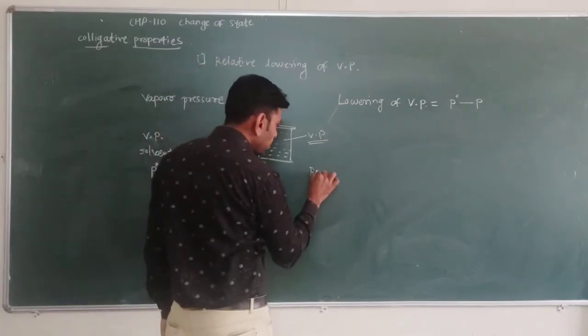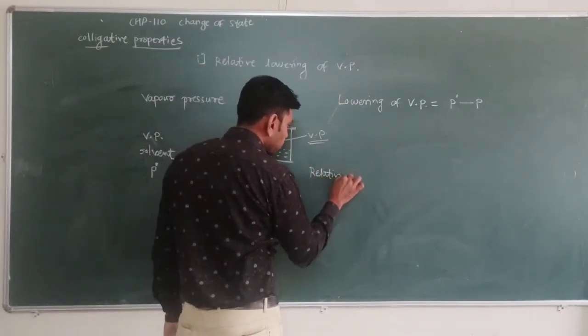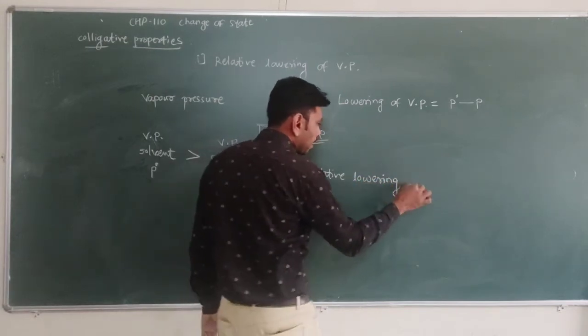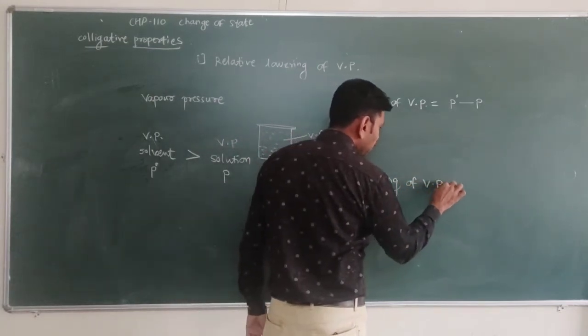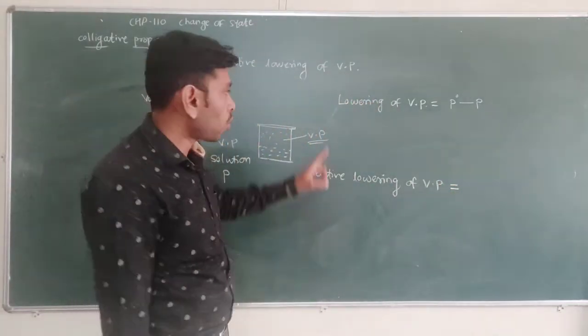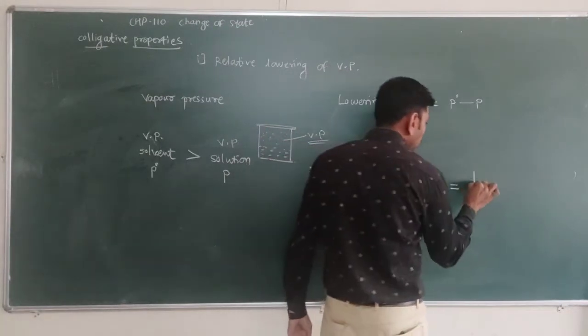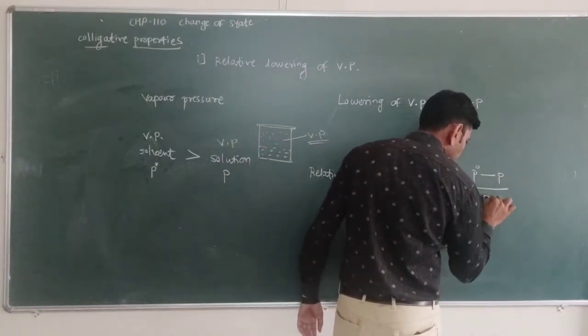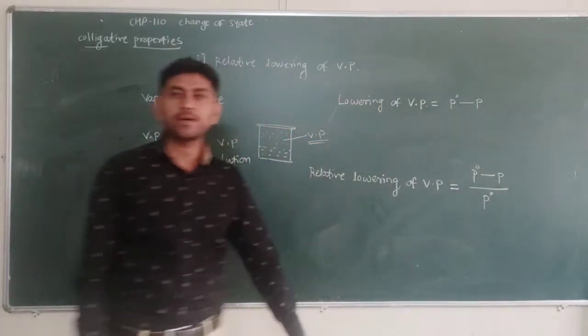Now we have to find out the relative lowering of vapor pressure. Relative lowering of vapor pressure is defined as the ratio of lowering of vapor pressure to the vapor pressure of pure solvent.